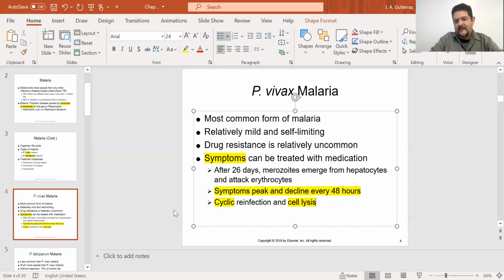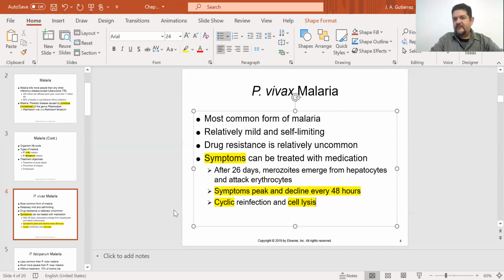The problem is the parasite will destroy the red blood cells. The red blood cell is destroyed. The parasites now are exposed to the immune system, and it triggers all the signs and symptoms of inflammation, a reaction against the parasite infection.